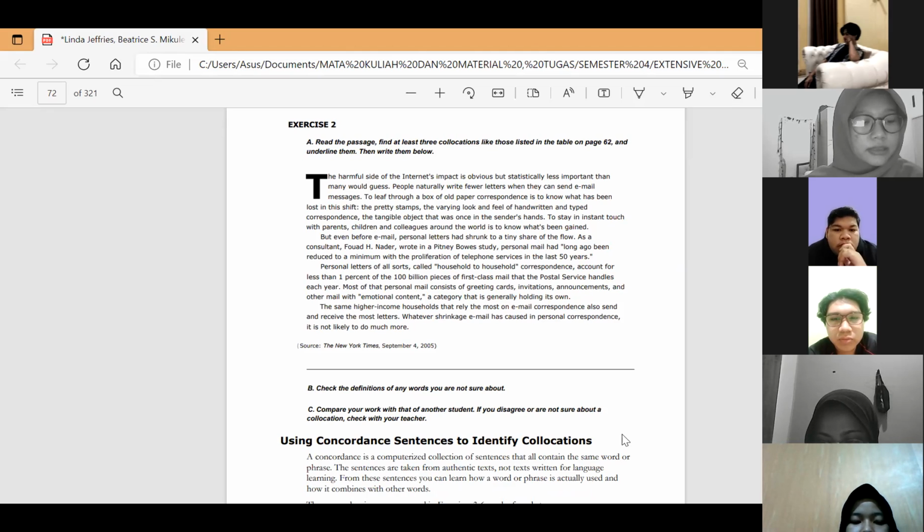As you can see from the screen, the harmful side is a collocation, and naturally right is also a collocation. Is anyone willing to try to answer exercise 2? Anyone?